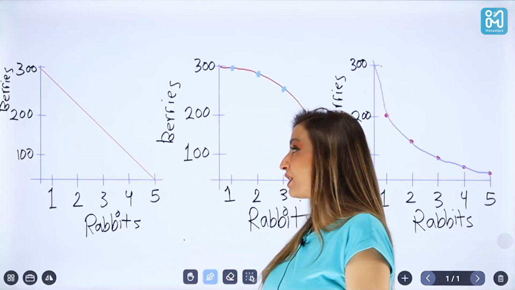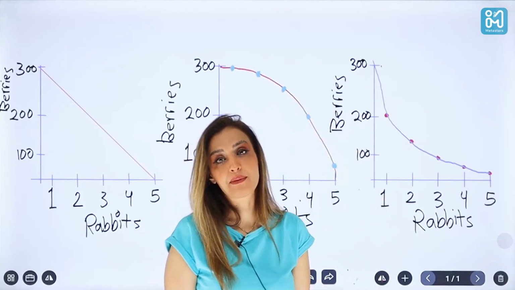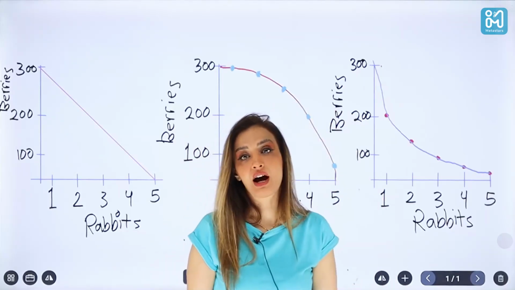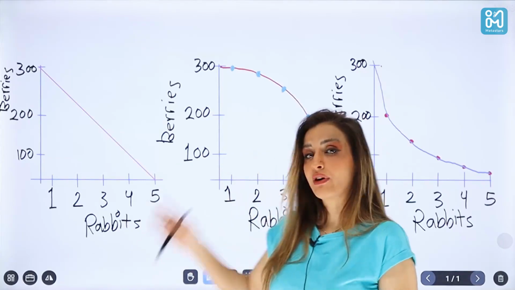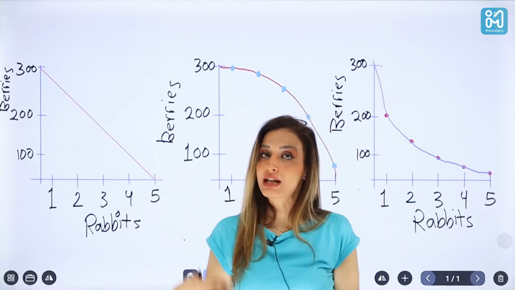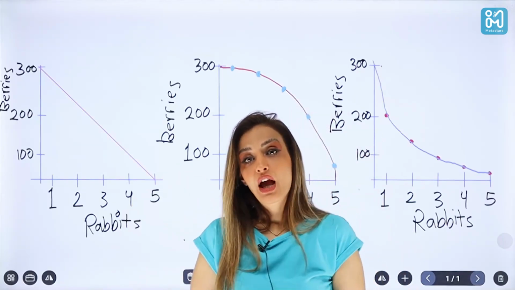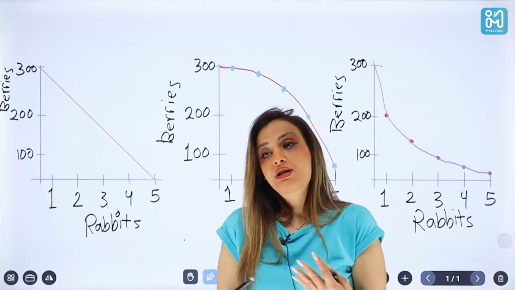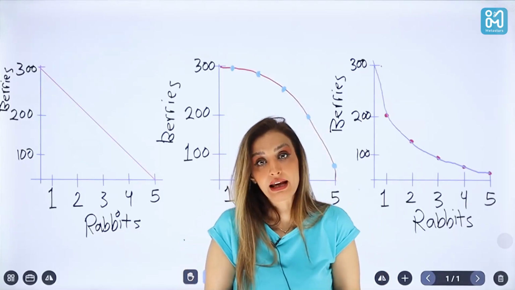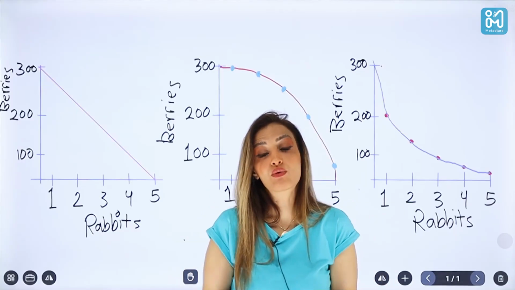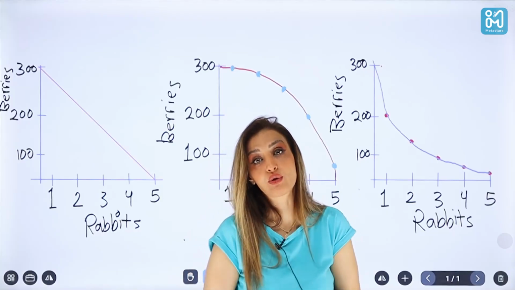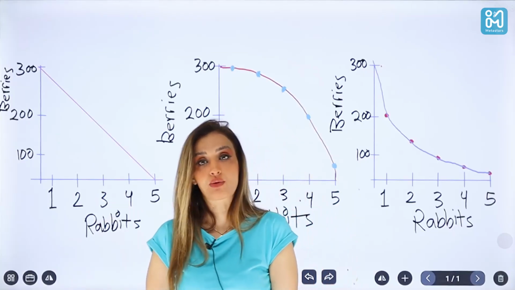As you can see, I have three graphs with different types of lines: a straight one, a bowed out, and a bowed in curve. Now let's see what it means when I say increasing, decreasing, or constant opportunity cost.